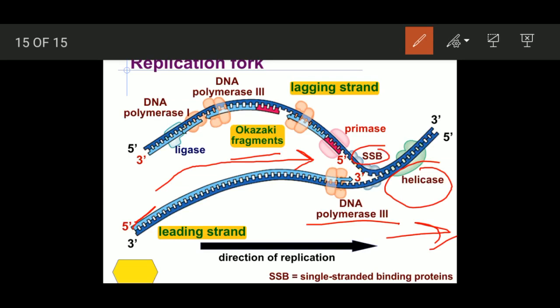And in the lagging strand, it can't form the DNA in a continuous manner, so many primers are added. Here I can see the primers are added, and each primer will synthesize short segments or small strands of DNA with the help of DNA polymerase third only.